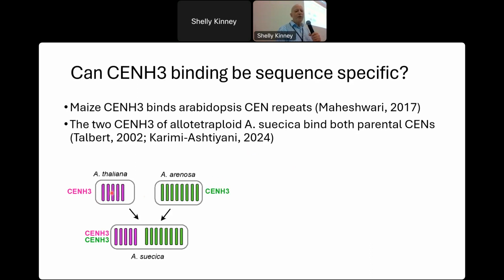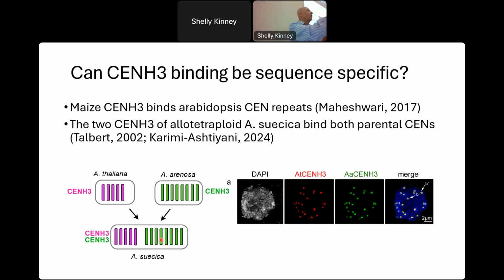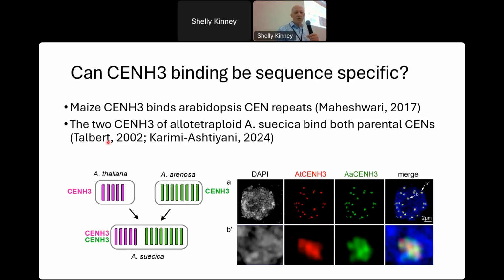These two have very different centromeric repeats and different SNH3. So you can make antibodies specific for each and see where they go. They go to the same site. This is a result described recently by Karimi Ashtiani in the Huben lab. We had shown that the Arabidopsis one did the same, a long time ago, but they confirmed it for both SNH3. So no specificity there, right?